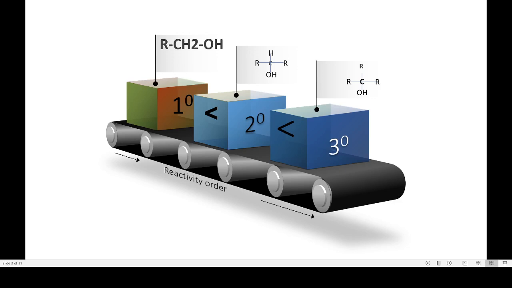If you see the third degree, there are 3 R, meaning alkyl groups directly attached with the carbon having OH. The structure is called a tertiary alcohol.